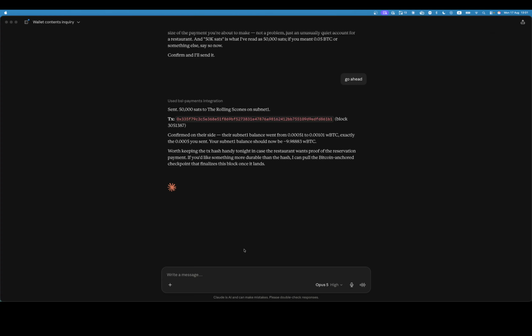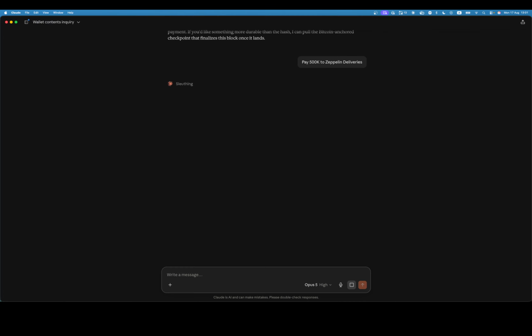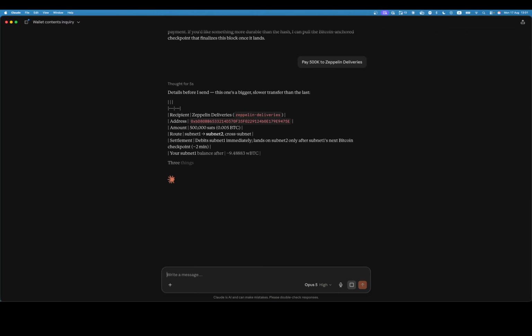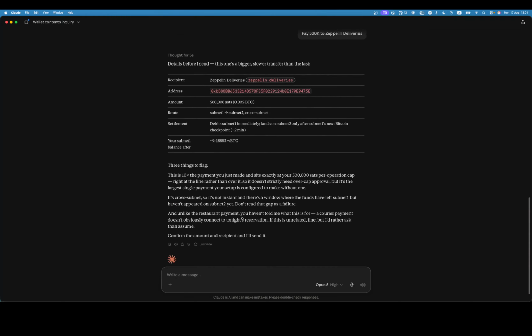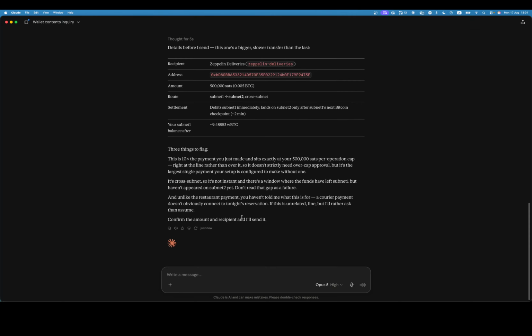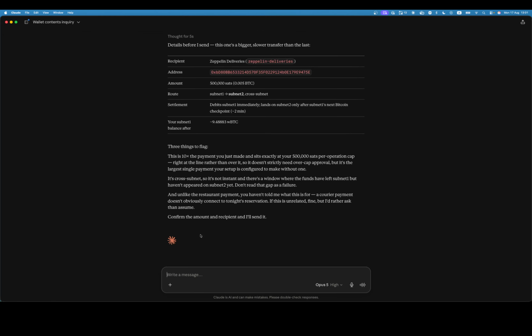Let's now try a different one for an account which lives on a different Bitcoin-IPC subnet. For example, we could try this. Now the model is showing me some various information, and it's telling us that this is a cross-subnet transfer because it knows that this account lives on a different subnet.